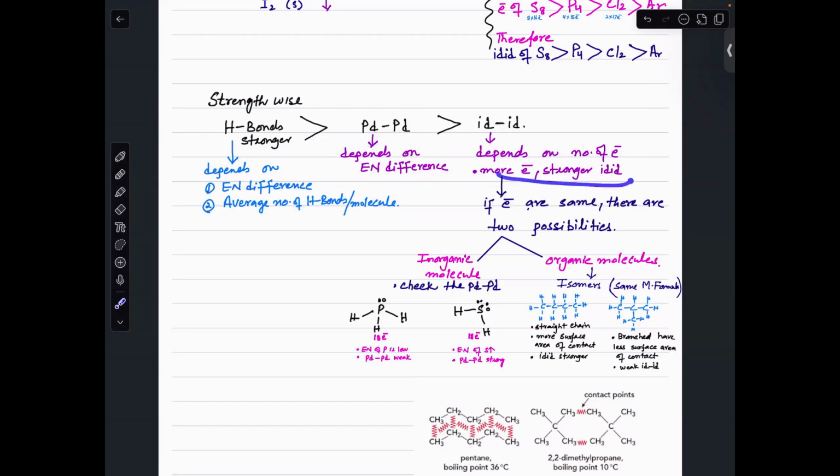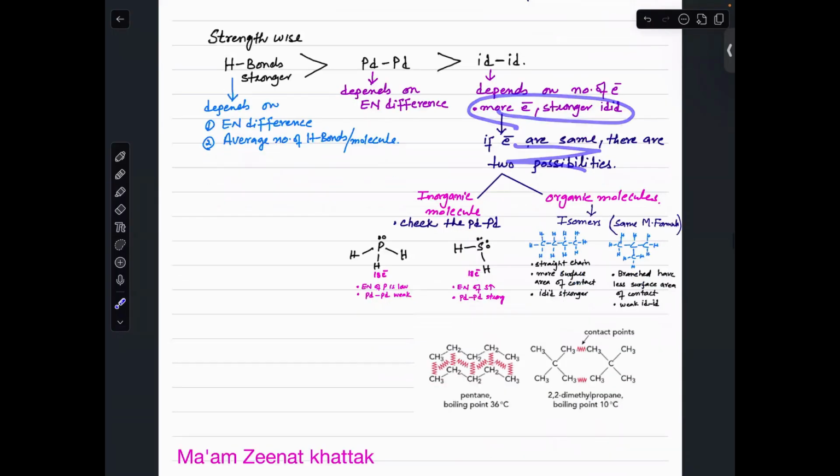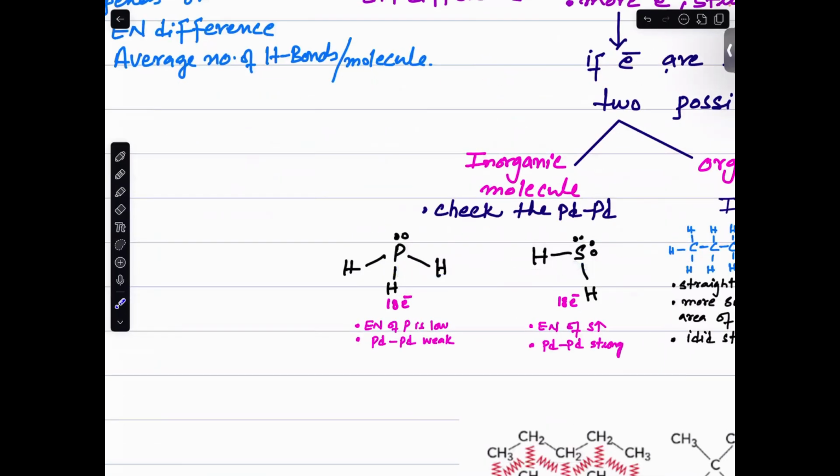The IDID depends on electrons, but if electrons are the same, then here I have mentioned that there are two possibilities. Maybe the molecules have the same number of electrons. If their electrons are the same, their IDID are of the same strength, but their PDPD would not be of the same strength. Why?